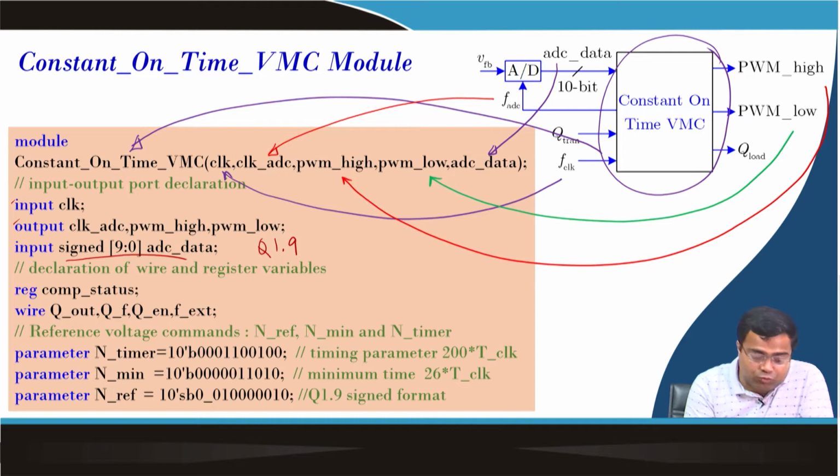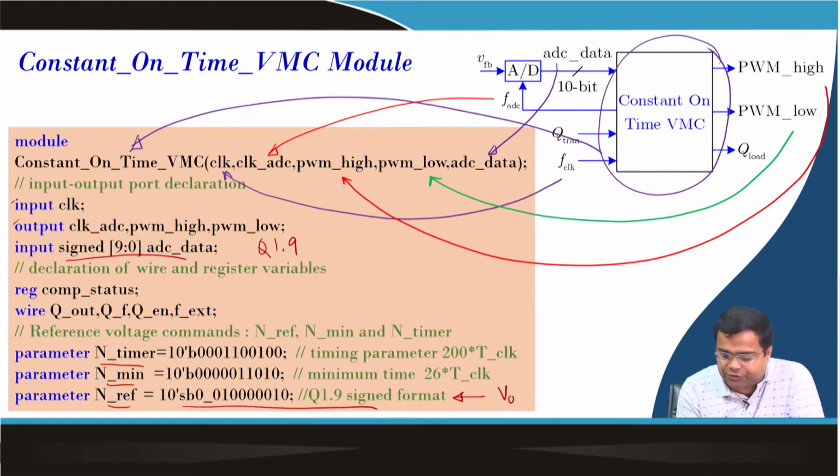Now, we want to parameterize, that means n timer, n min and n rep. N rep we have discussed earlier, this corresponds to V0 nominal to be 1 volt, that is the nominal voltage. Now, if you take the n timer, this binary number in decimal will be 200.